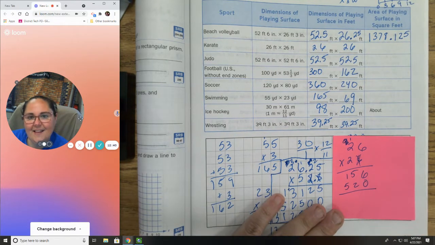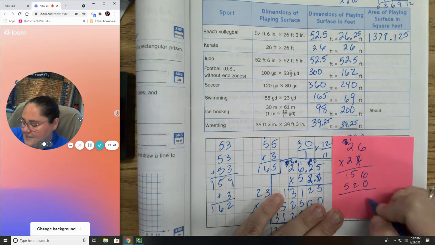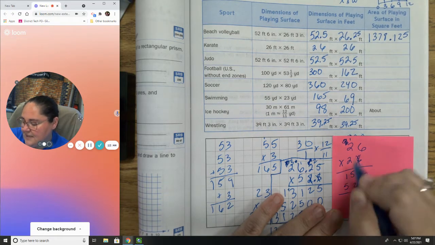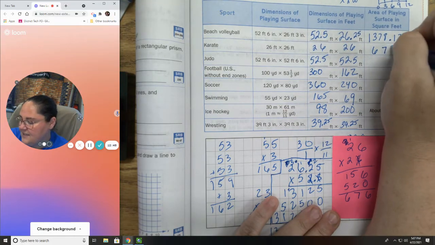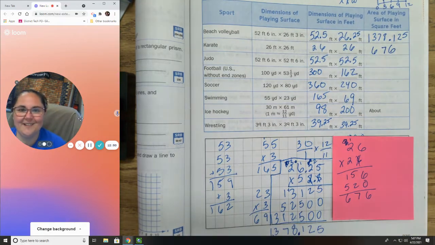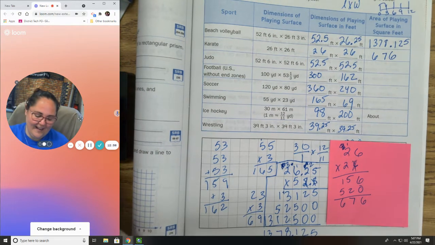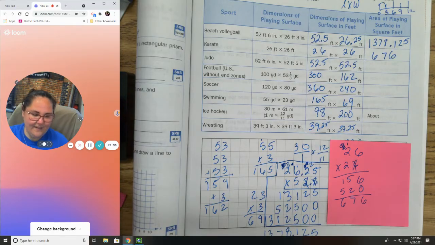Add it together. 6 plus 0 is 6. 5 plus 2 is 7. 5 plus 1 is 6. So 676 should have been your answer. Did you get it? Awesome. All right, let's do another Post-it. I feel like the Post-its, you guys can kind of see my work a little bit easier.